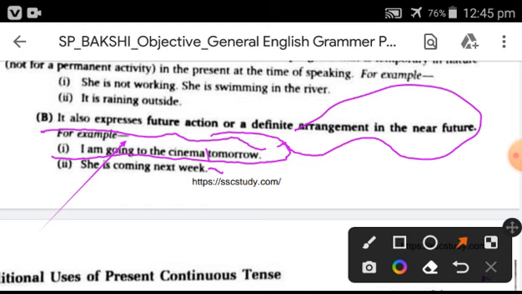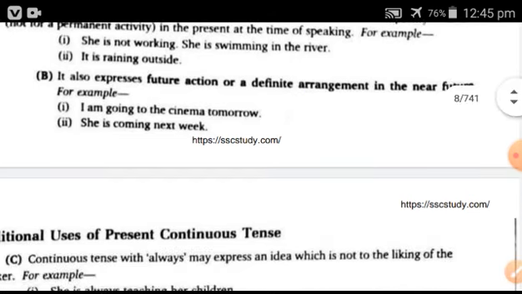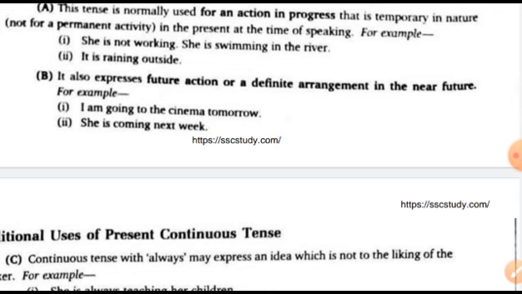And the second example is, she is coming next week. Means it is scheduled. She is coming next week. So we can use present continuous tense with these.